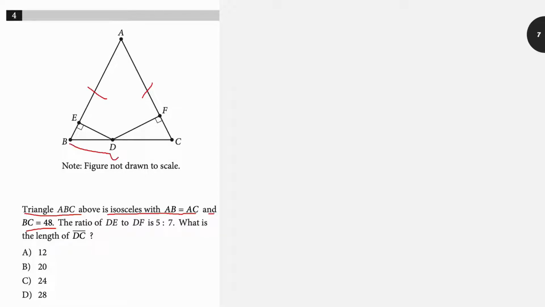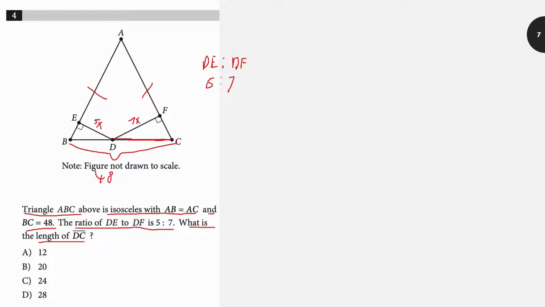Triangle ABC above is an isosceles triangle with AB equal to AC and BC equal to 48. The ratio of DE to DF is 5 to 7. What is the length of DC? So this is DC right here. You know that DE to DF is 5 to 7, so 5x and 7x.